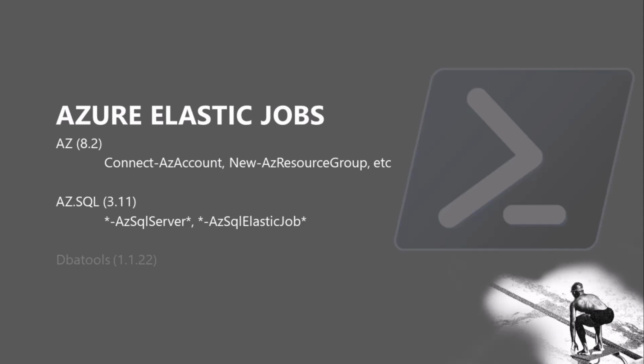So at least you have a reference that in these versions it works as I wanted it to work. The Azure SQL module will be used to create the SQL Server, SQL Server database, and also all sorts of SQL Elastic Job objects, like the agent itself, the target groups, the credentials, even the firewall rules. So that's a dedicated module for all the SQL stuff.